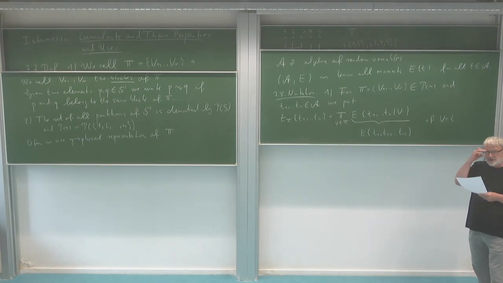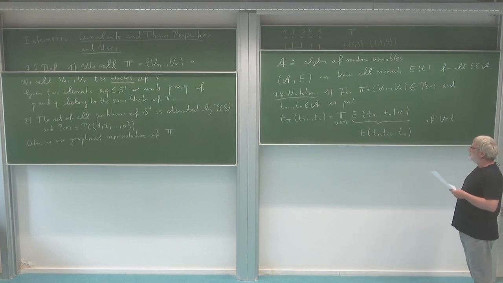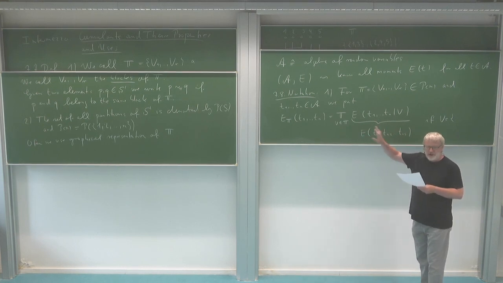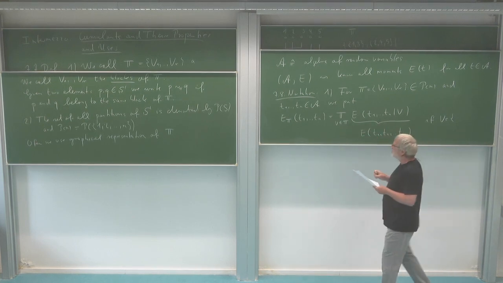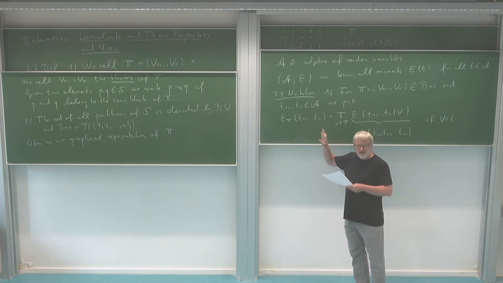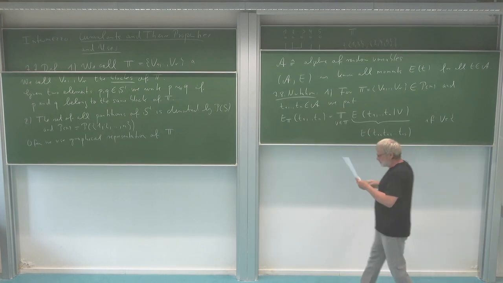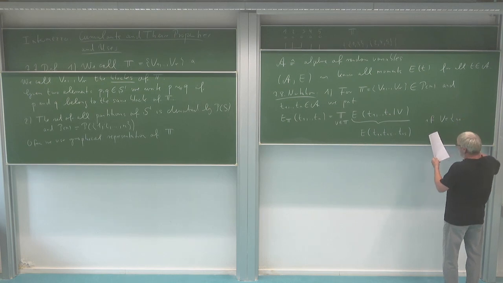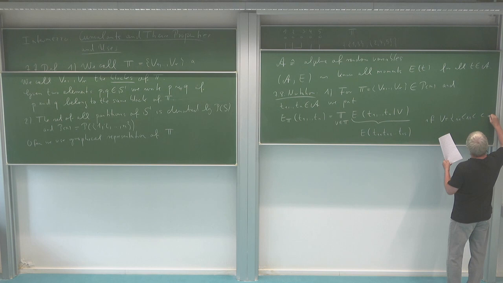so it's a subset of 1 to n, so it has some numbers and I order them, because I want to keep the order which I have here. I mean, my random variables commute, so the order is not really important, but maybe it's better to really have them in one order and also take the products in this order. So I have here V is i1, which is less than i2, and so on, which is less than is.